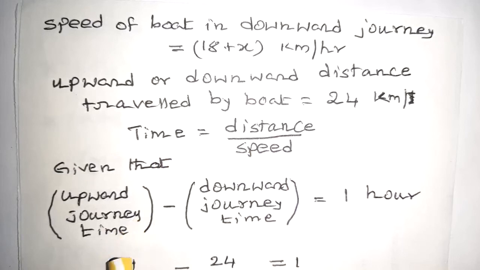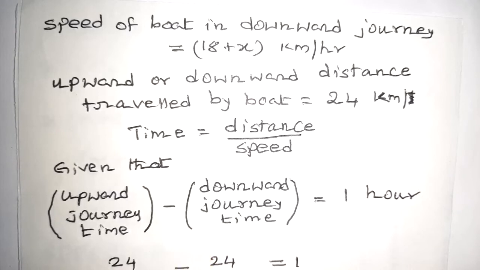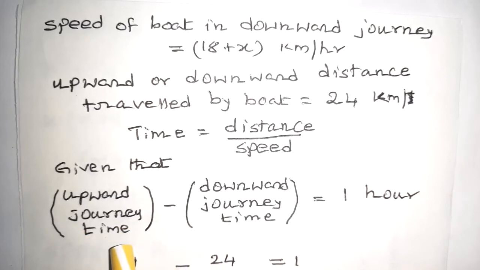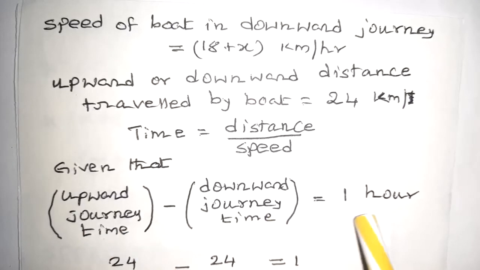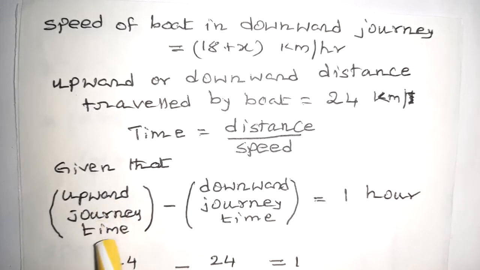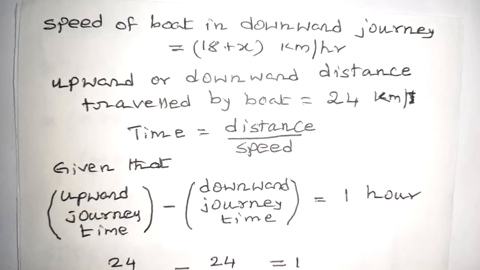Given that the difference of timings for upward journey and downward journey is 1 hour. Upward journey time minus downward journey time equal to 1 hour, because upward journey speed of boat is less than the speed of the boat in downward journey.